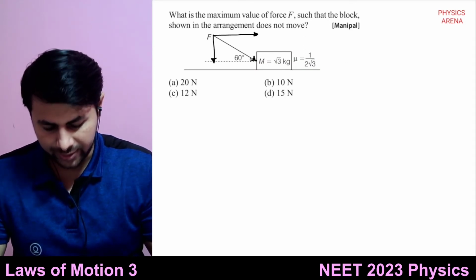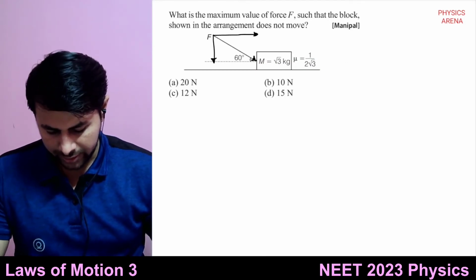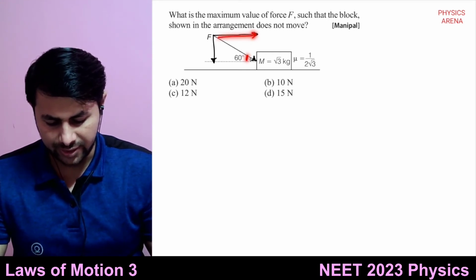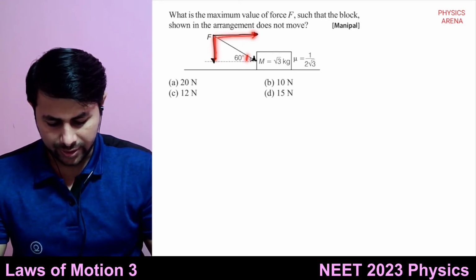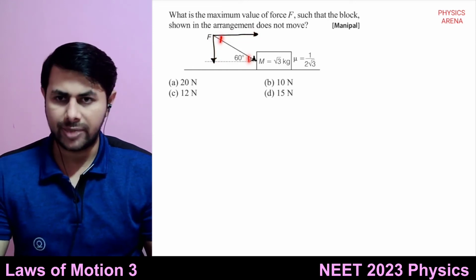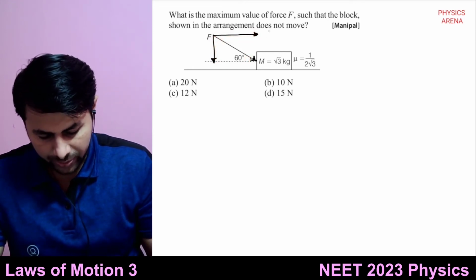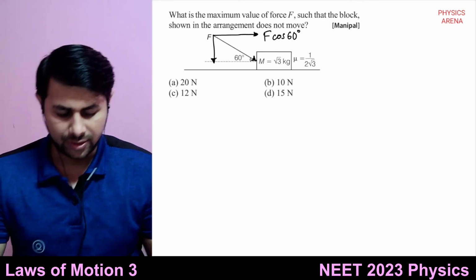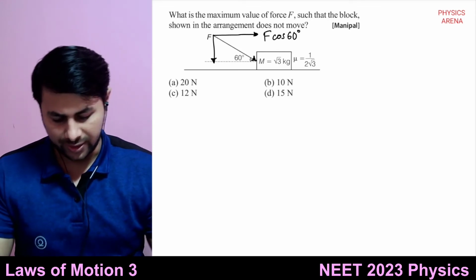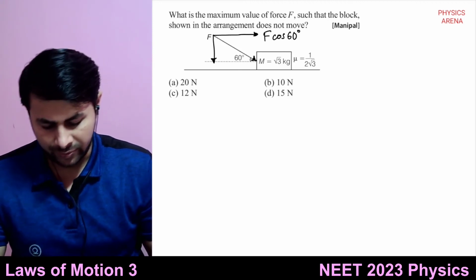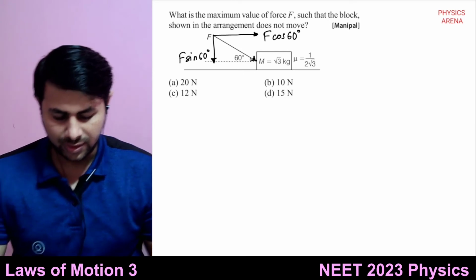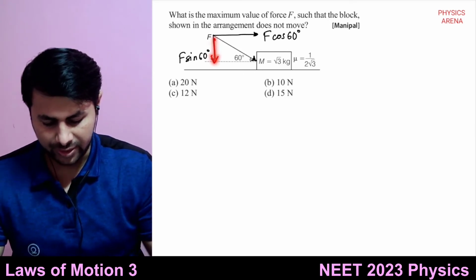The horizontal component of this force, so this angle is 60 degrees, and therefore this is F cos 60. The horizontal component is F cos 60, and the vertical component is F sin 60, and it is acting vertically downwards.